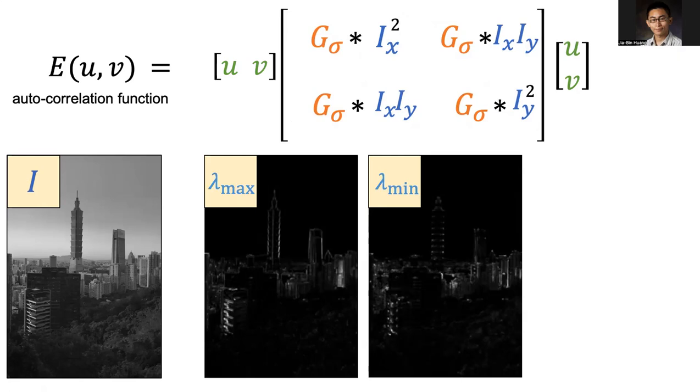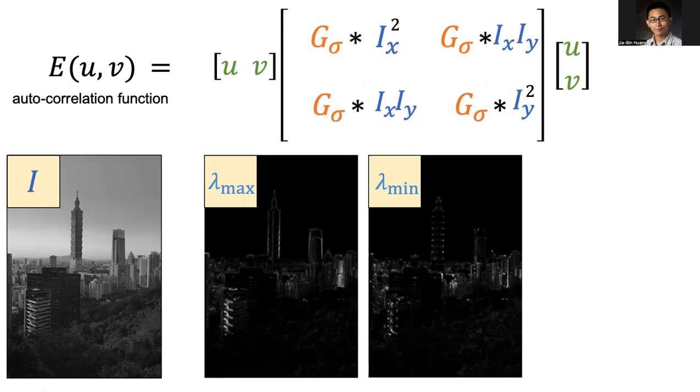You'll be able to get the maximum and minimum eigenvalues. You basically do the eigen decomposition, and what you see here is that lambda max tells you the maximum change of a pixel if I move in any arbitrary direction. You can see that it detects some edges, and the minimal change is what we want. The minimal eigenvalue is what we want.